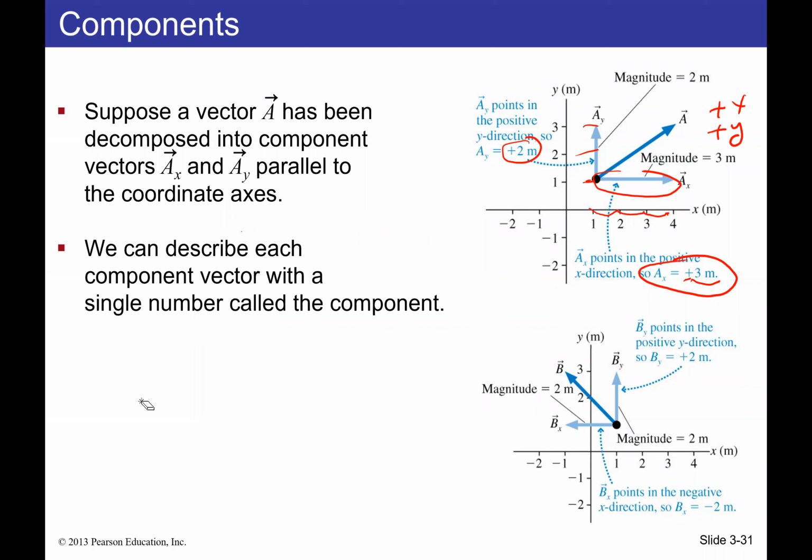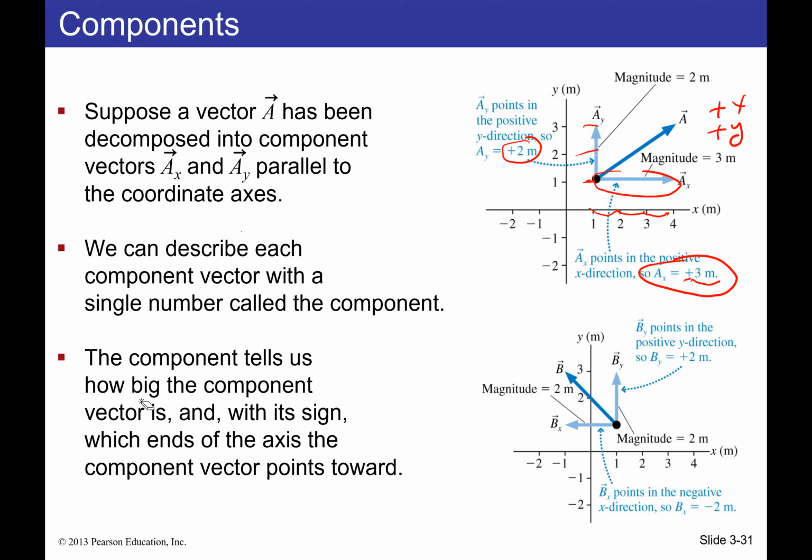We can describe each component vector with a single number called the component. The component tells us how big the component vector is, and its sign tells us which end of the axis the component vector points. Let's take vector B. If I break it down into components, this is its shadow along the x-axis. Since this is the starting point, Bx is 2 meters long in magnitude.